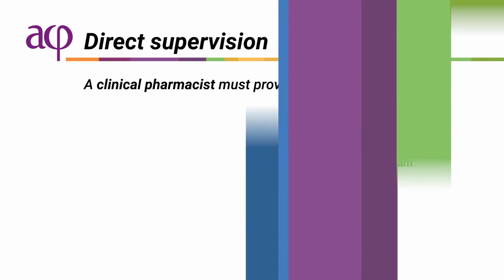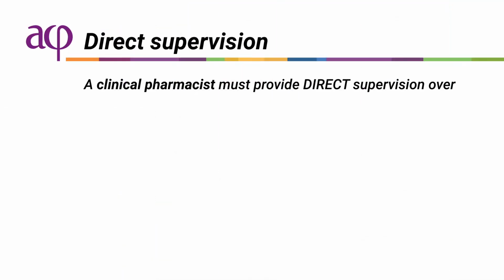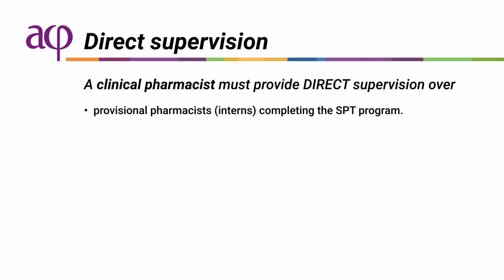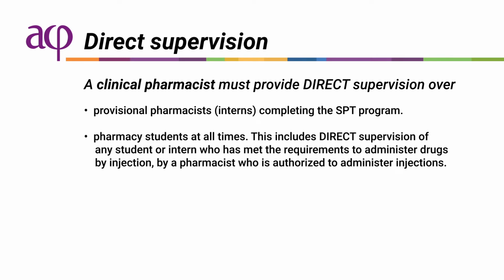A clinical pharmacist must provide direct supervision over provisional pharmacists completing the structured practical training program. A clinical pharmacist must provide direct supervision over pharmacy students at all times. This includes direct supervision of any student or intern who has met the requirements to administer drugs by injection by a pharmacist who is authorized to administer injections.